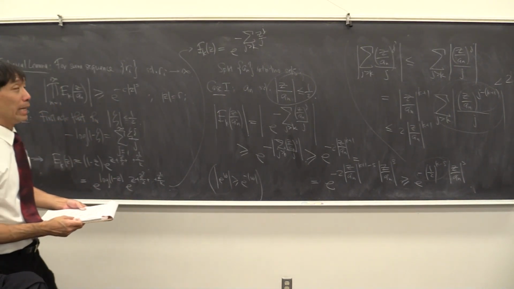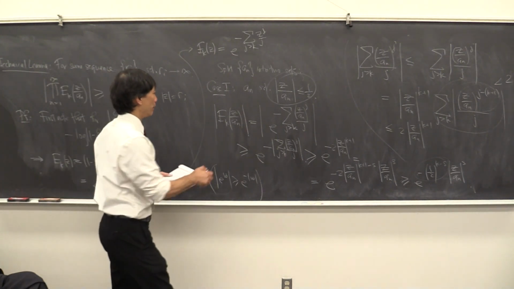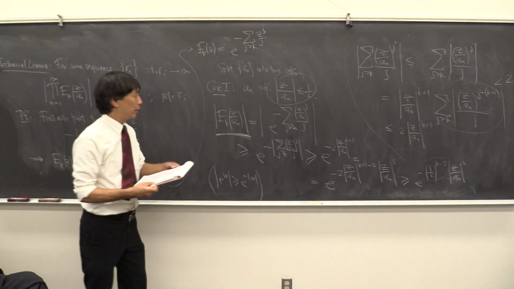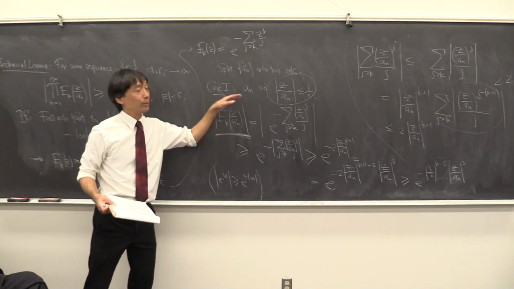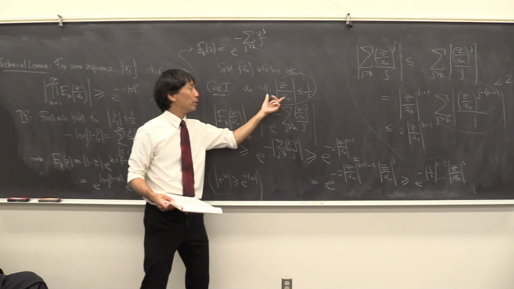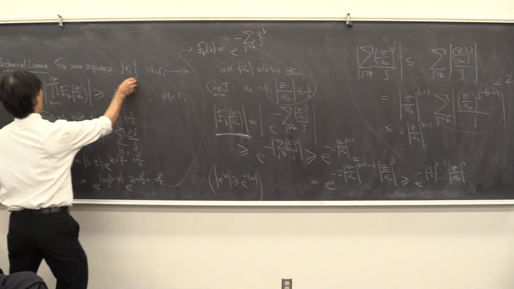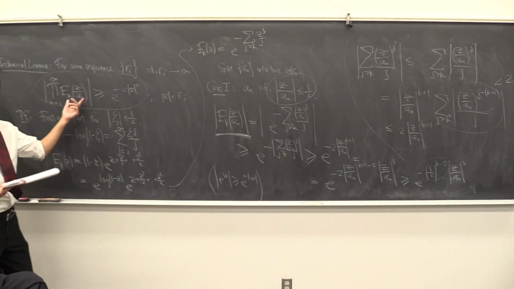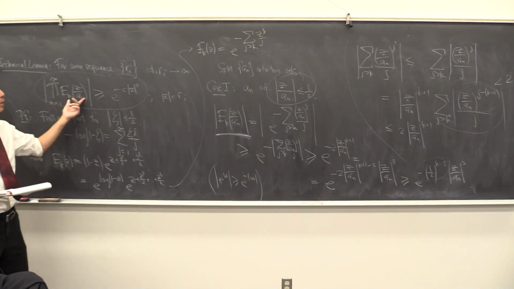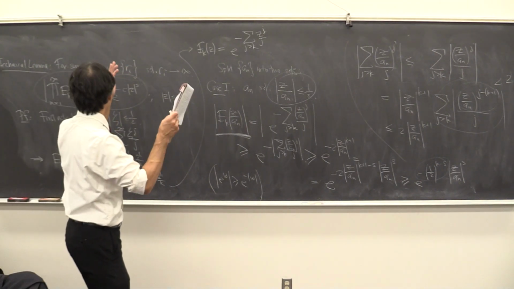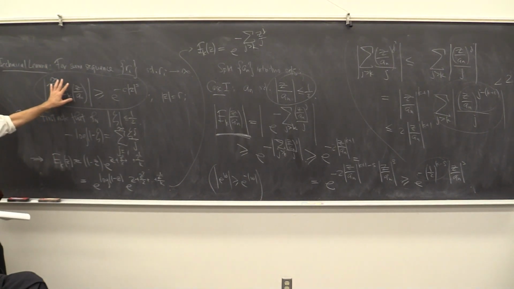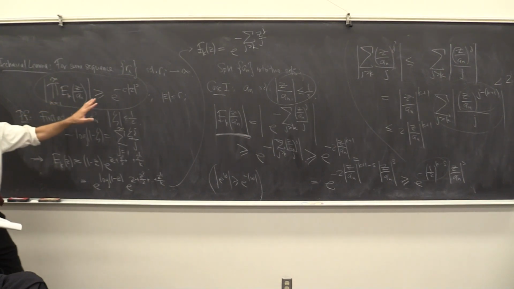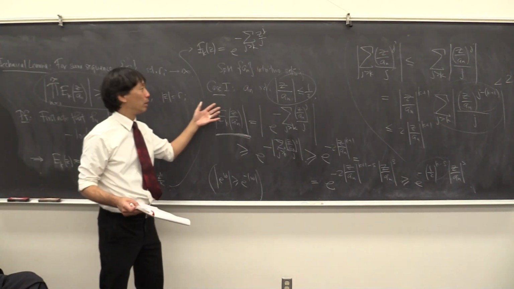Okay, so that's the bound for each of these guys, for each of the roots. Now we're going to multiply them all together, right? We're trying to get a lower bound for this thing, right? We need to control the product where all the roots are big, and we're going to control it when all the roots are small.